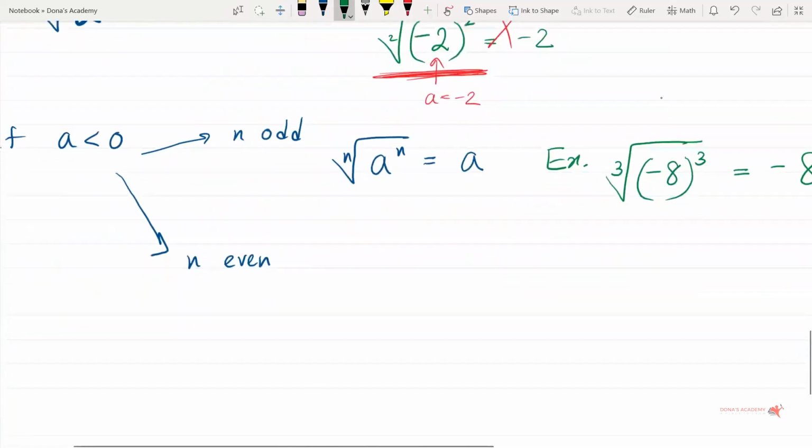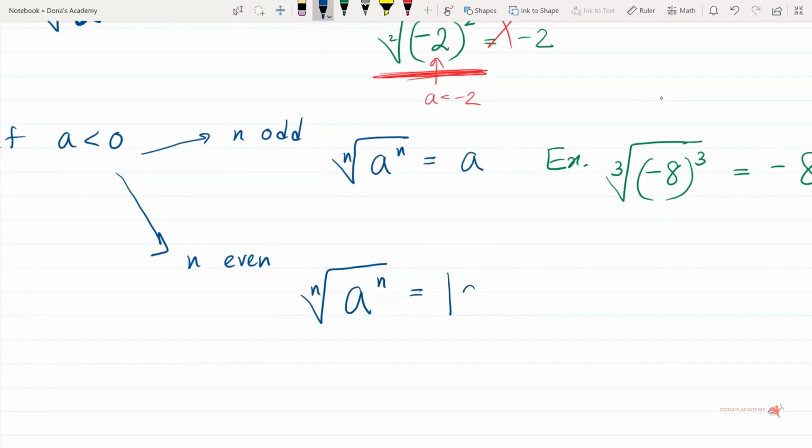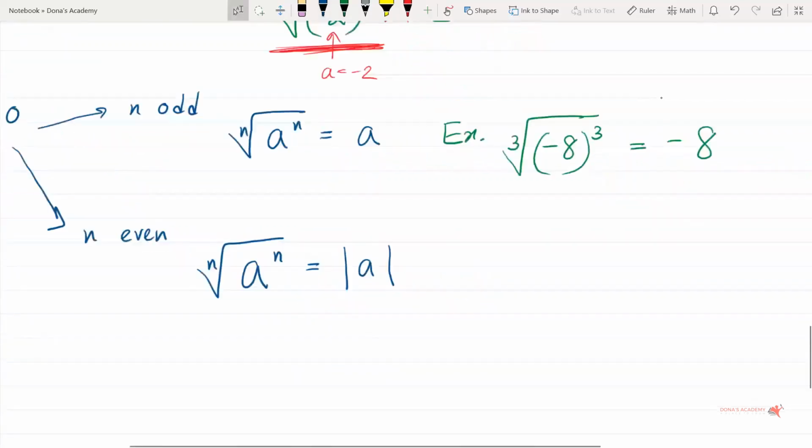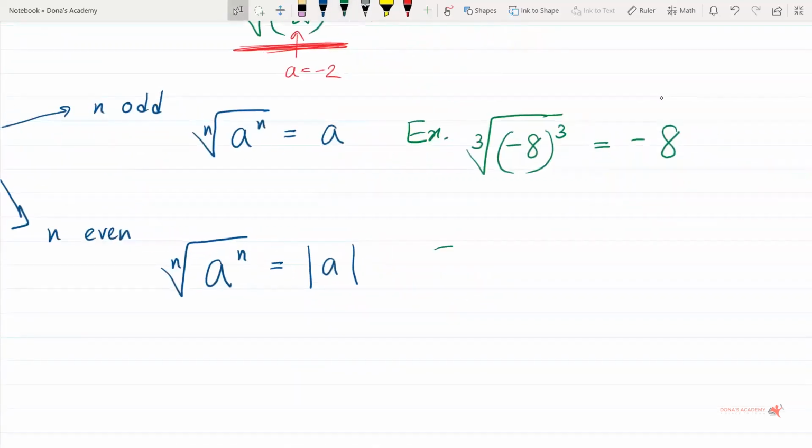All right. Now in even case, this is very important. Nth root of a to the n is going to be not a, it is absolute a. Absolute a.